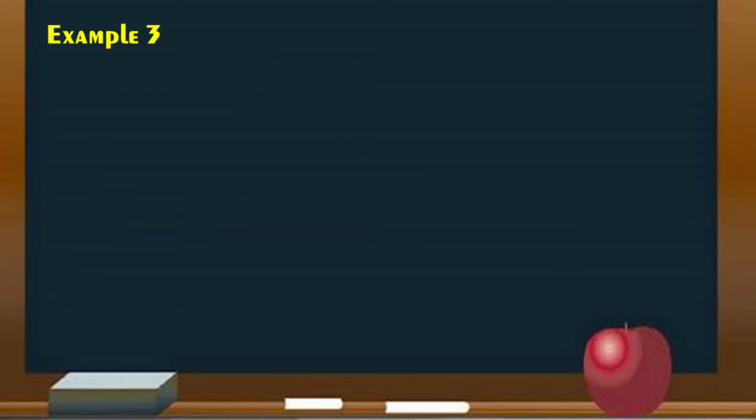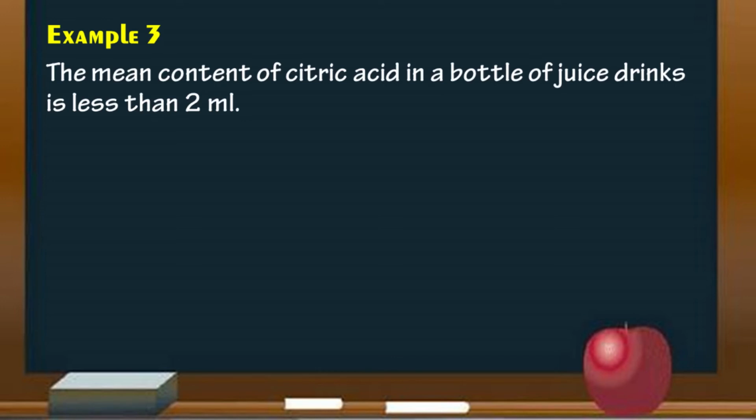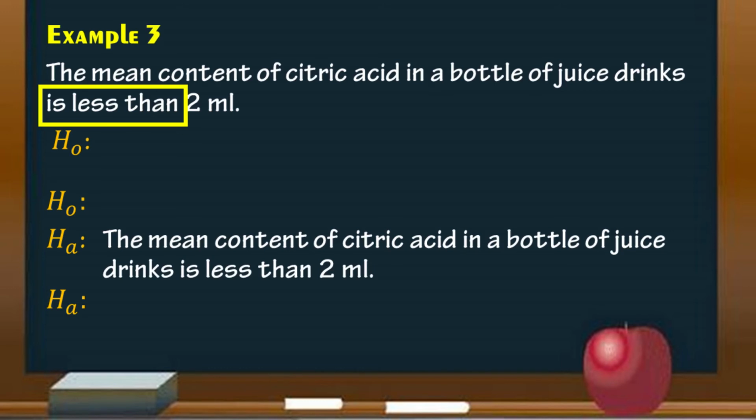Example number 3. The mean content of citric acid in a bottle of juice drink is less than 2 ml. The keyword is less than, and that is for alternative hypothesis. So our H sub A, or alternative hypothesis, is the mean content of citric acid in a bottle of juice drink is less than 2 ml.